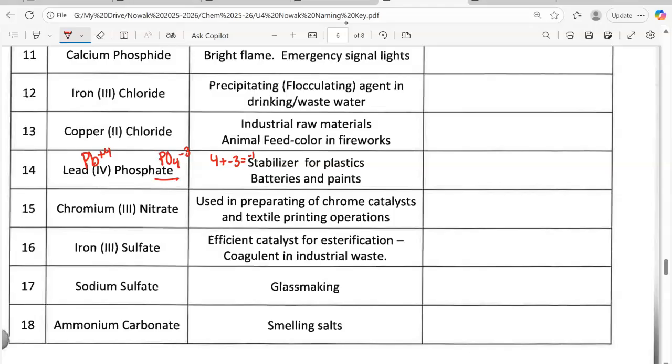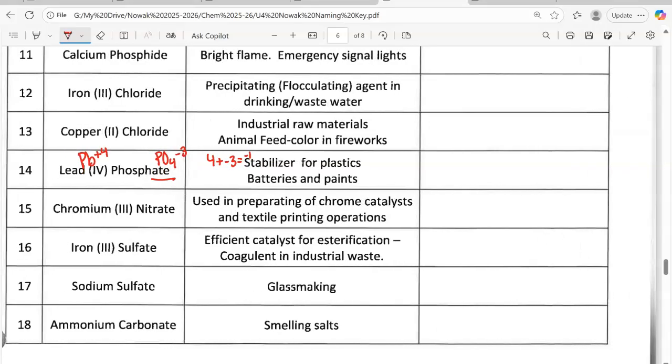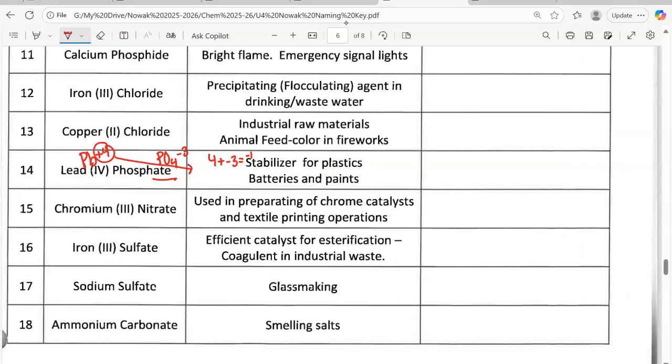If I were to use my crisscross method here, I'd go ahead and bring my 4 down here, my 3 down here. So I'm left with Pb3, or lead 3. And then since my subscript here is going to end up being a 4, it's not 1, I do need to put my phosphate in parentheses and then just write my 4 there. And that's it.